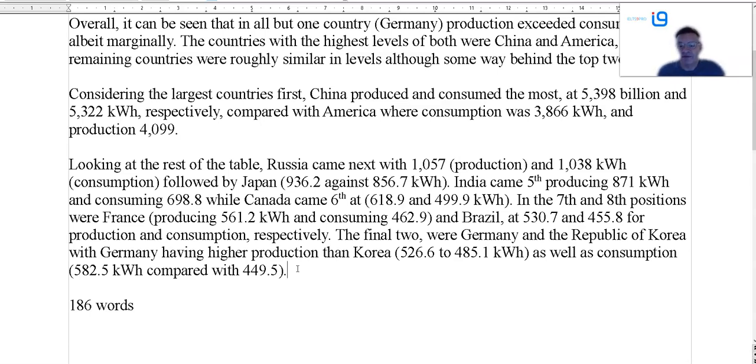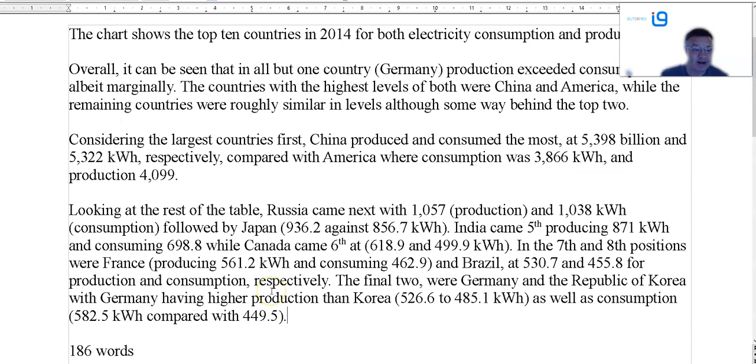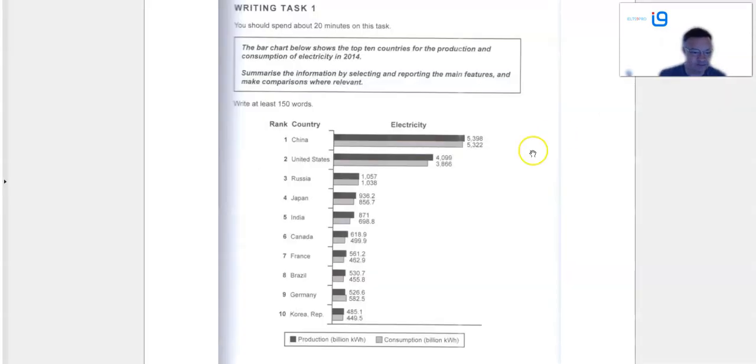There's nothing else: 9 out of 10 overproduced by a little bit, 2 biggest, and then it's just a rankings table. So lots of data. That's what I would do first, and that's only 186 words, so that's not bad. So introduction, overview, the biggest first, and then do the rest going down. Okay, so that one's mine.